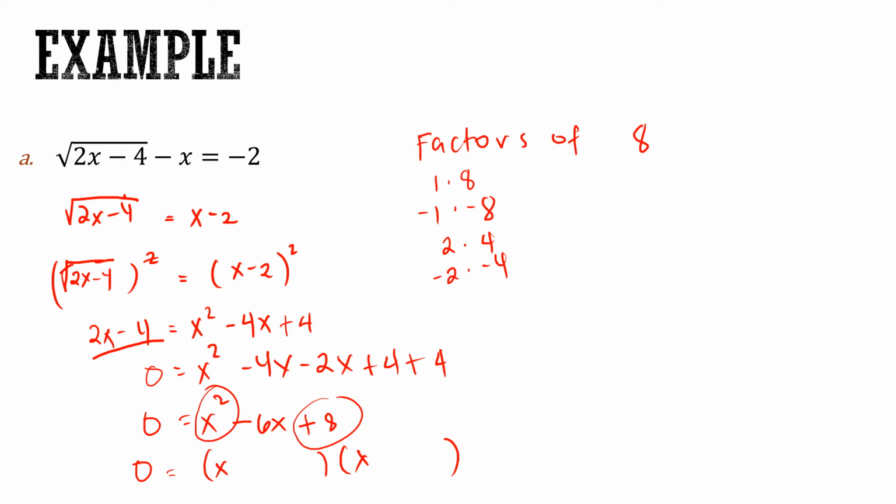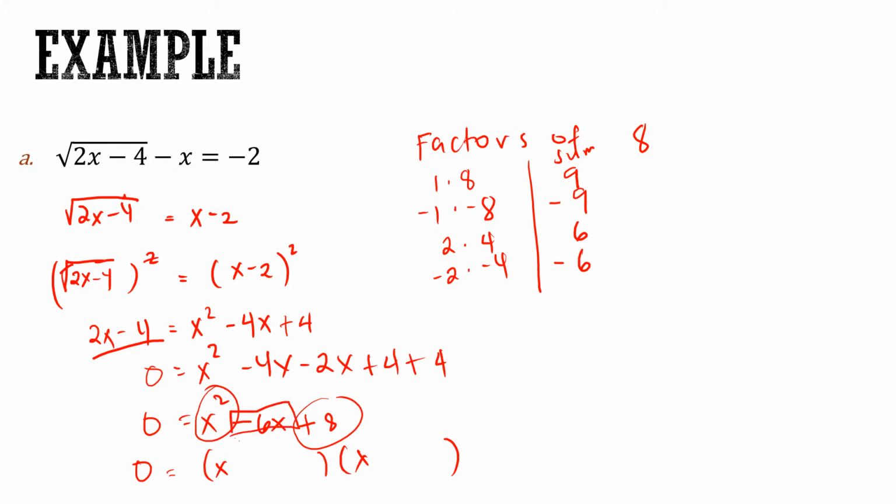Now, we must get the sum of each of the factors. So we will just simply add them. So 1 plus 8 is obviously positive 9. Negative 1 plus negative 8, that is negative 9. Positive 2 plus positive 4, that is positive 6. Negative 2 plus negative 4, that is negative 6. Now, which among the factors will we be using? To identify which of the factors we should use, we will just simply look at the middle term.